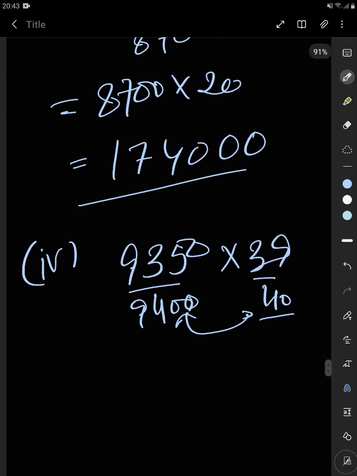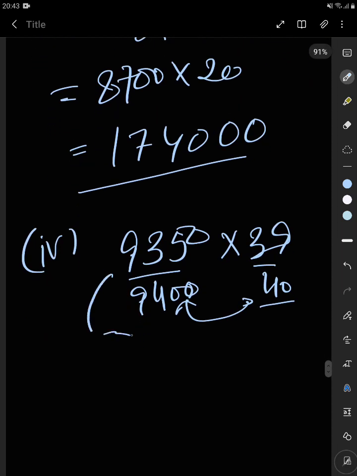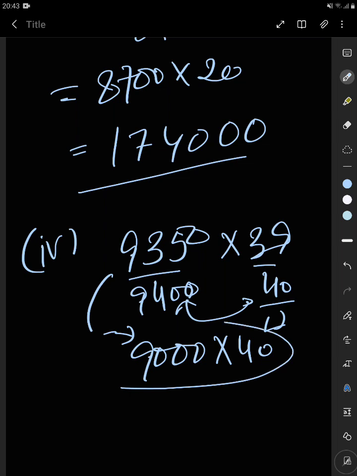And if you instead of 9400 have considered 9000 and multiplied by 40, then this answer will also be treated as correct. So you should not confuse yourself that as a general rule, if you apply this one it will be wrong and this one is correct, or the other way around.